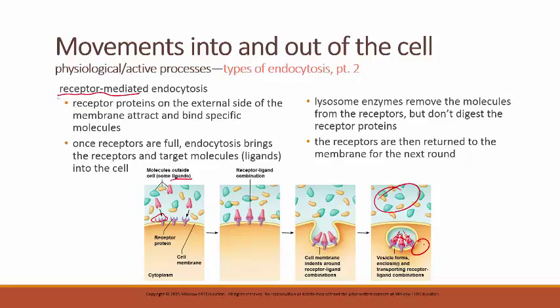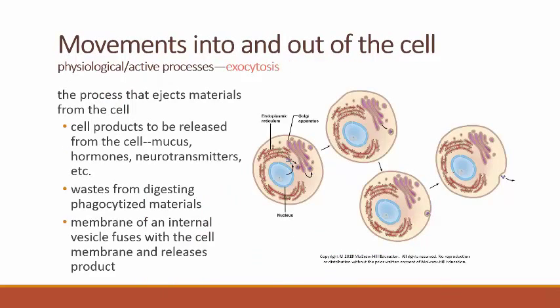I know we haven't talked about it yet. By sending the empty receptors back to the cell surface, we can stick out more receptors to be able to collect more of the ligand that we're interested in binding and bringing into the cell.